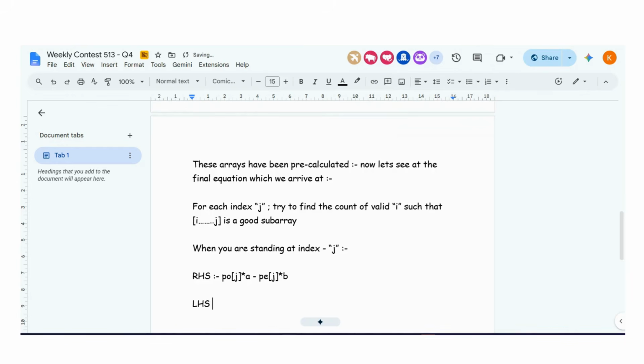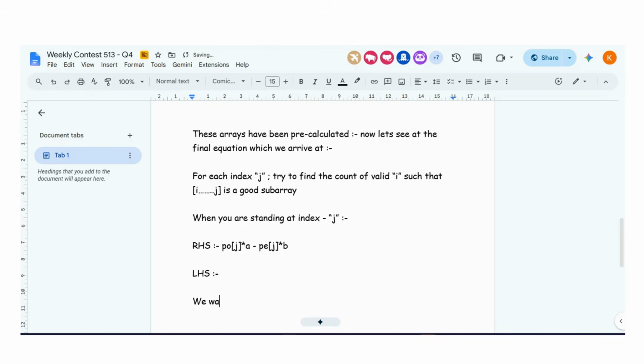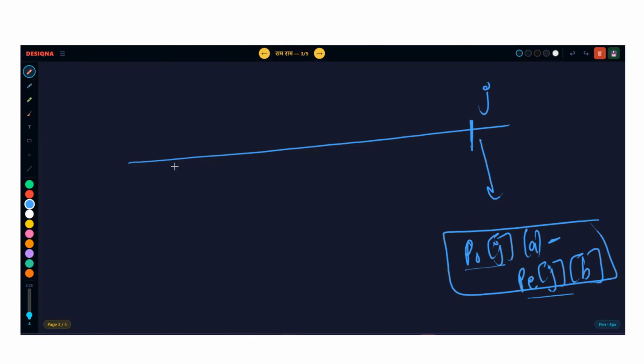LHS will also be something. We want LHS to be less than equal to RHS. LHS is also long. Let's say these are indices, there are many indices here. Let's say this is index I1 and this is index I5.